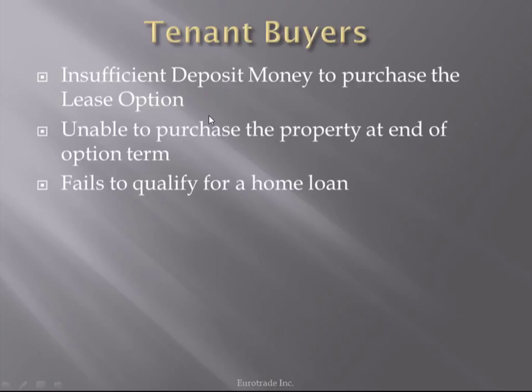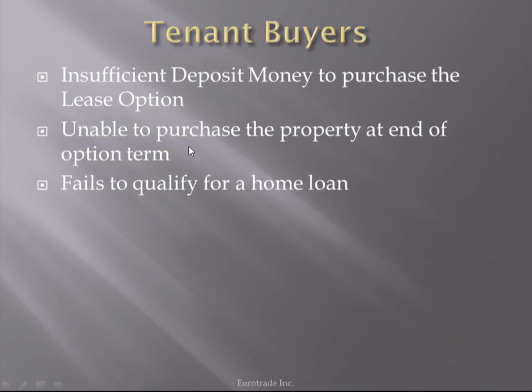Another problem the tenant buyers face is they may be unable to purchase the property at the end of the option term. This could be because of their own personal financial circumstances. It could be that they fail to qualify for a home loan.